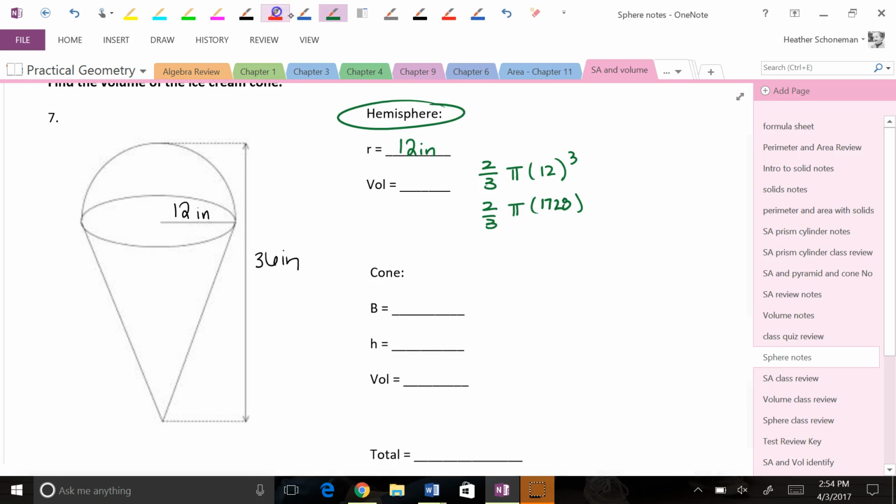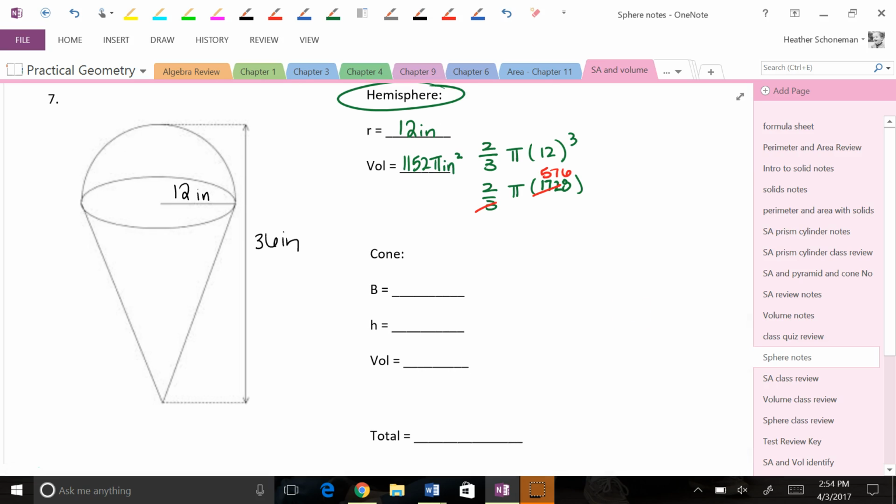Now we check. If 3 goes into 12, then 3 is going to go into 1728. So we divide 1728 by 3, and we get 576. So now we're going to take 2 times pi times 576, and that leaves us with 1152 pi inches squared.